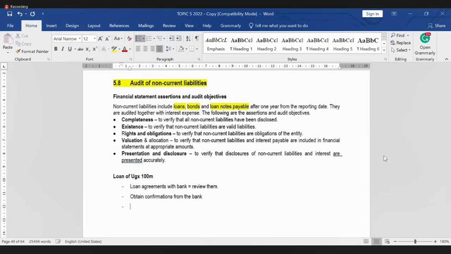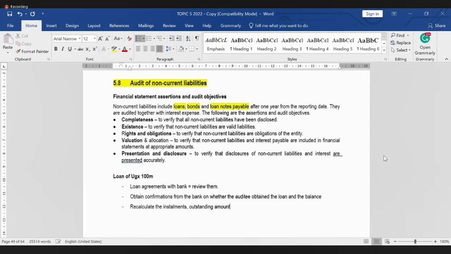You're going to recompute or recalculate the installments. Confirm, are they paying the right installments? You get the outstanding amount and the balance.